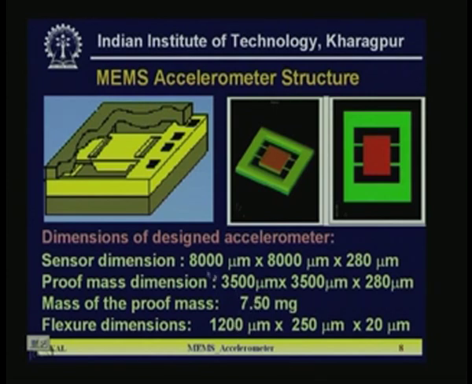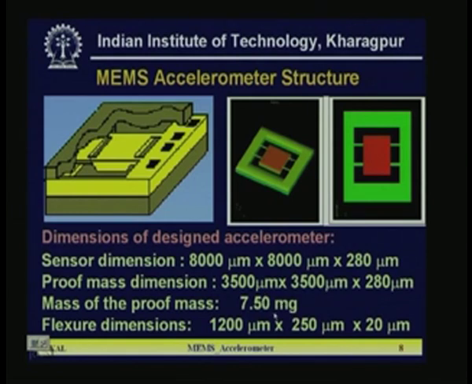If you go for a 2-inch wafer, its thickness is nearly 280 micron. So for 280 micron, if we take the probe mass size 3500 micrometer by 3500 micrometer, thickness the same 280 micrometer, then its weight comes to be 7.5 milligram.